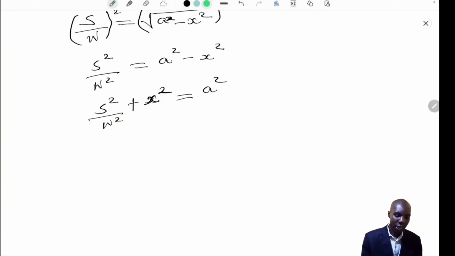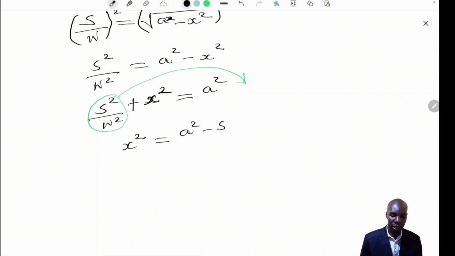Can we take s squared over w squared to the right-hand side? That will give us x squared on the left should be equal to a squared minus s squared over w squared. We can get the LCM for the right-hand side, which is w squared.